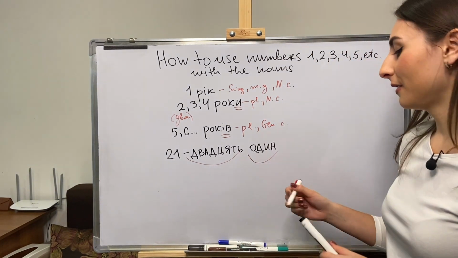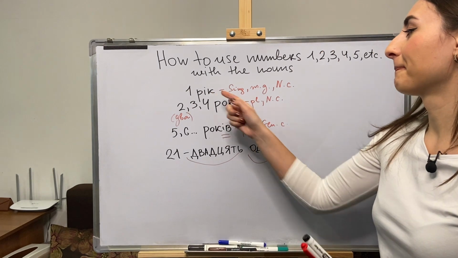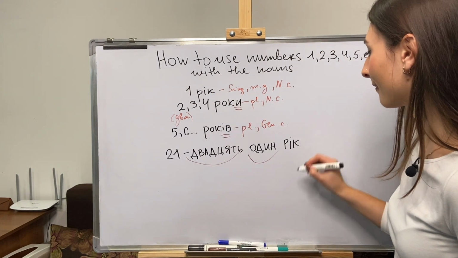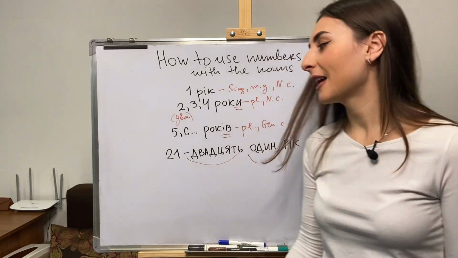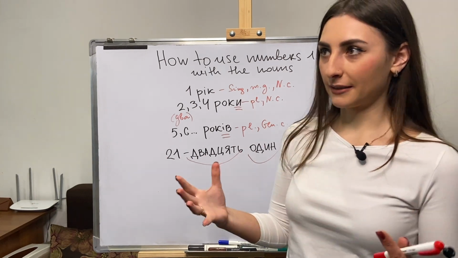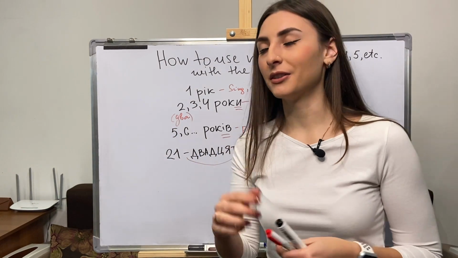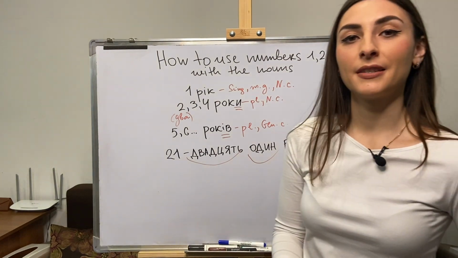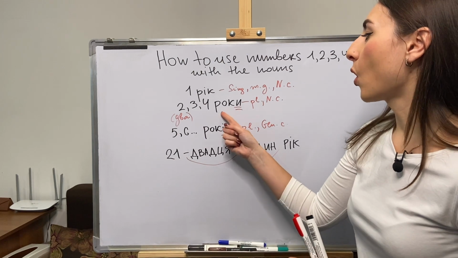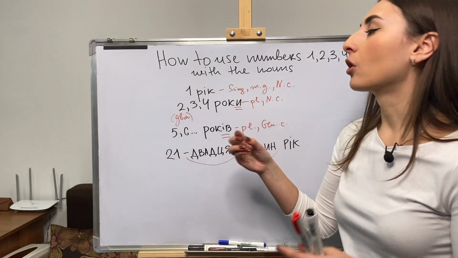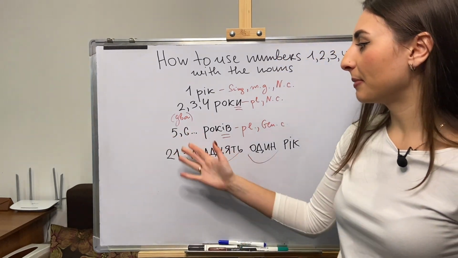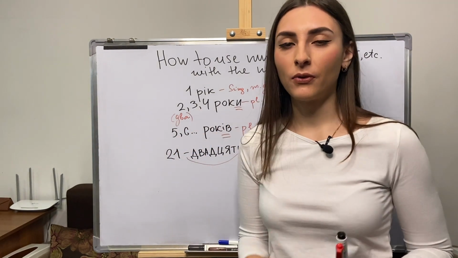As it ends in one, then you say рік. You say 21 рік. It ends in один, and we use then рік. The same with 22: 22 роки, 23 роки, 24 роки, but 25 років, 25 years.